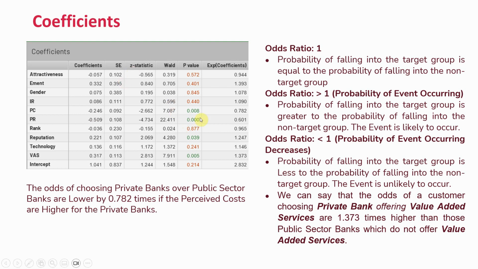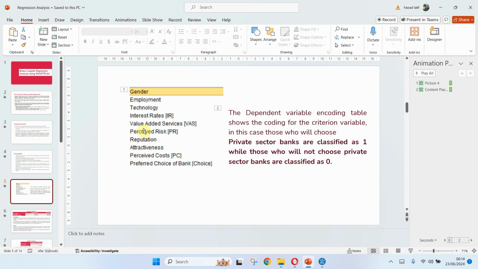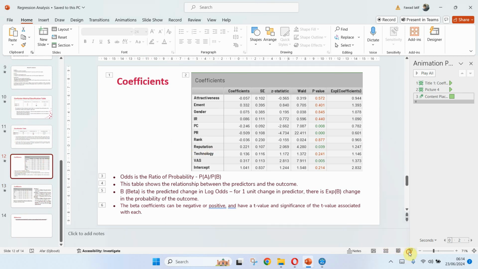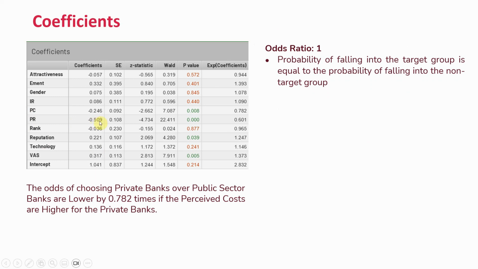Now, similarly, you can look into this one, the next one, PR. What is PR? Let's have a look. Perceived risk. So, in this case, perceived risk minus 0.509 and it is significant as well, and the odds ratio is less. So, the odds of choosing private banks over public sector banks are 0.601 times lower if the perceived risks are higher for private sector banks.